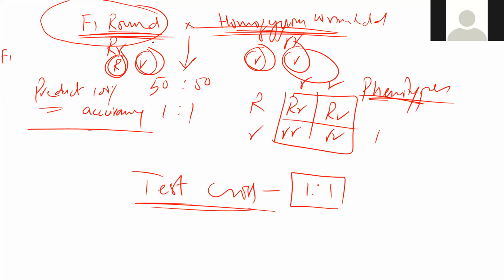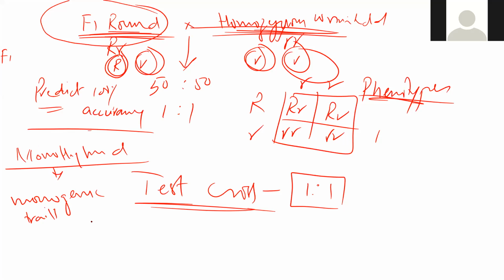So when we say monohybrid cross, monohybrid means we are talking about monogenic traits. Monogenic means only one gene, which is capital R, is controlling the shape of the seed, no other gene.